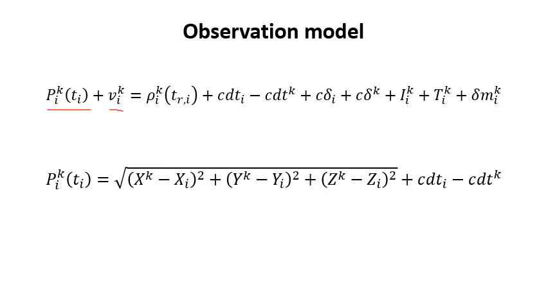We talk about pseudo ranges because direct obtaining of the geometric distance between the satellite and the receiver is impossible due to several error sources. So that's why we should introduce the systematic errors.